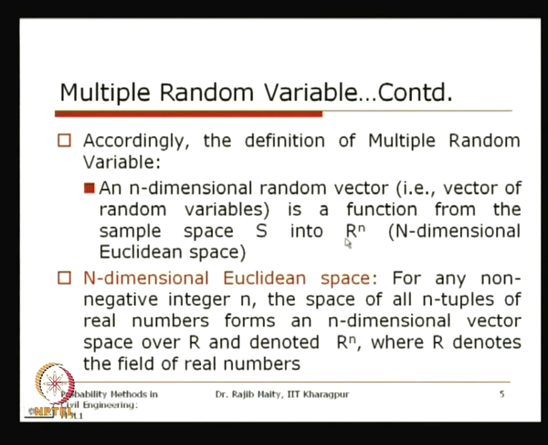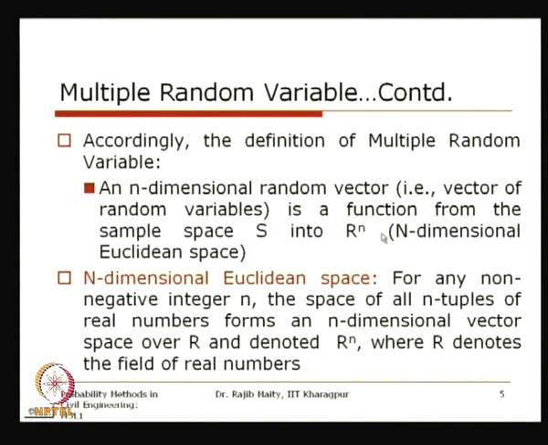So the bivariate case is a two-dimensional random vector having two random variables in it. This is a function from the sample space S into a two-dimensional Euclidean space. Here I will show in a minute how it looks pictorially.